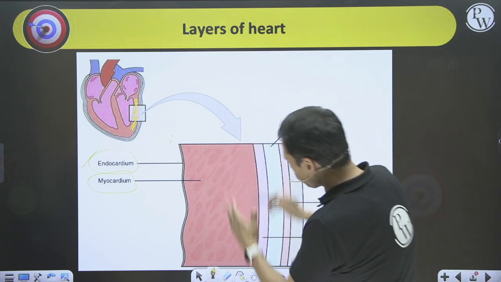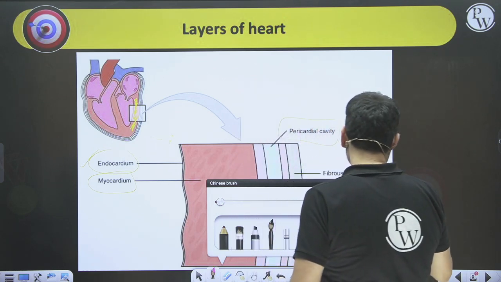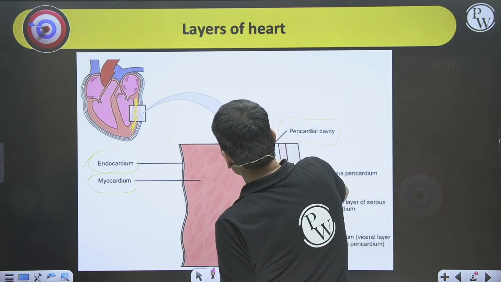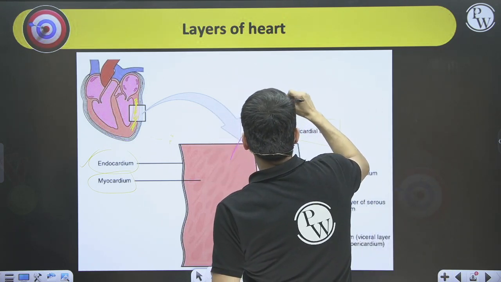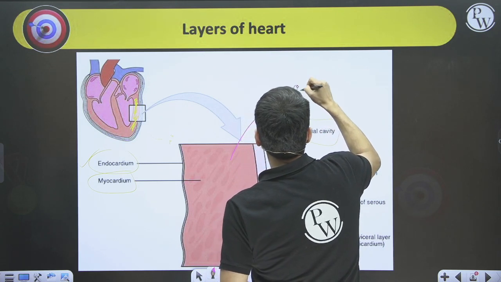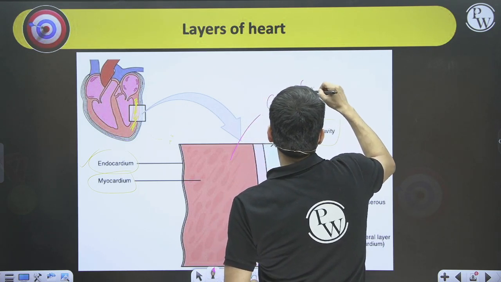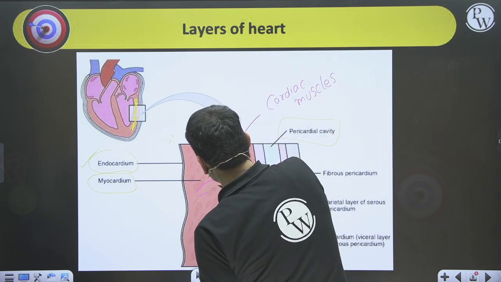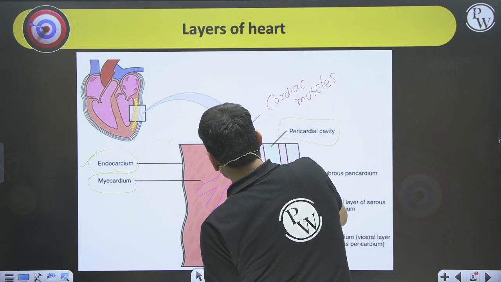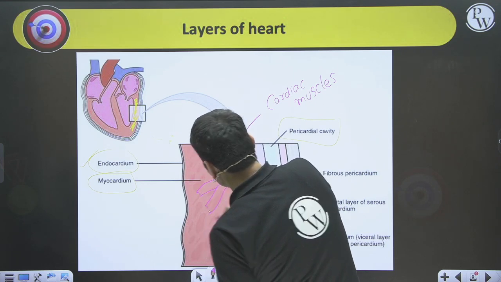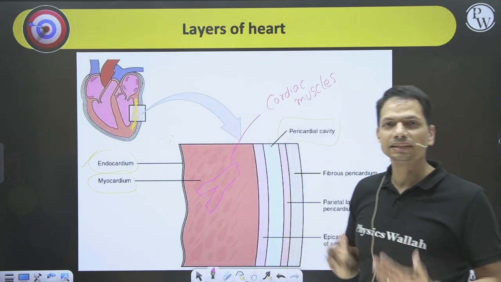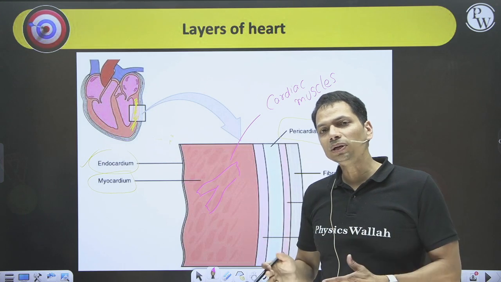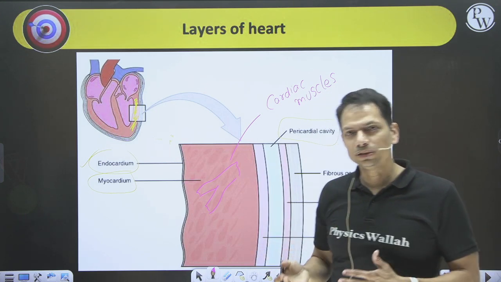Now this myocardium is made up of cardiac muscles, which are branched muscles. Cardiac muscle is the only branched muscle in the human body.